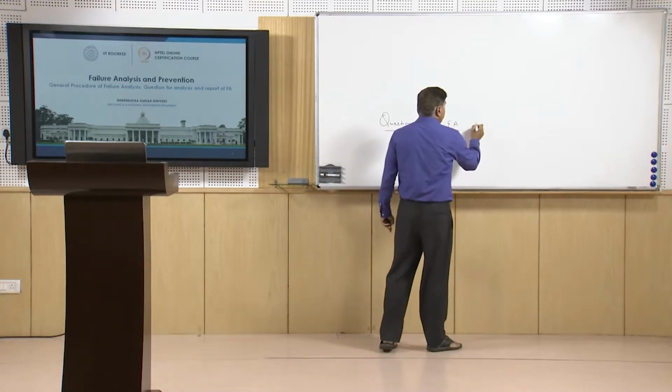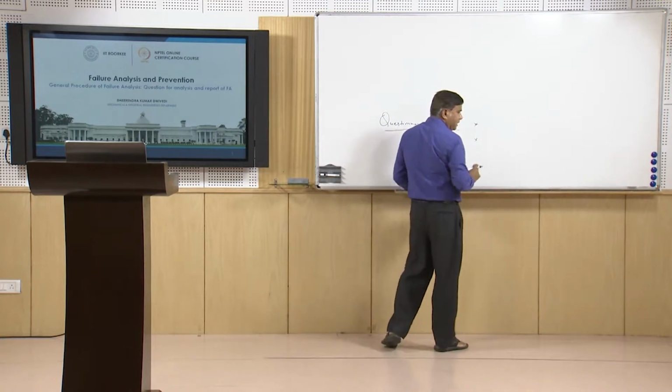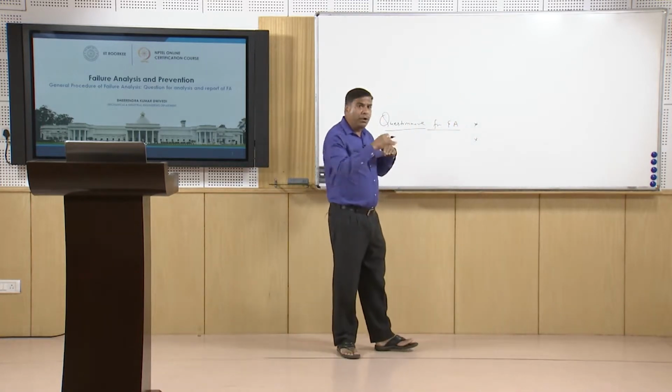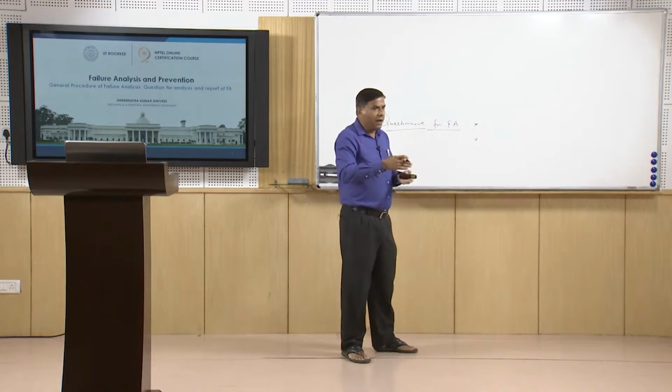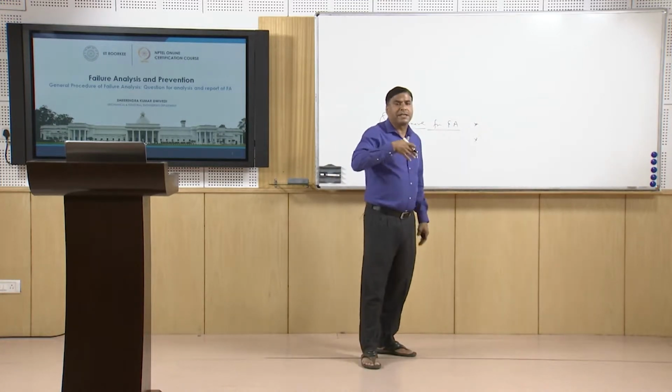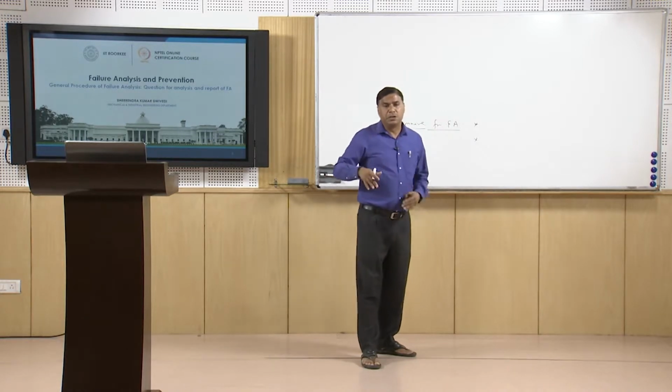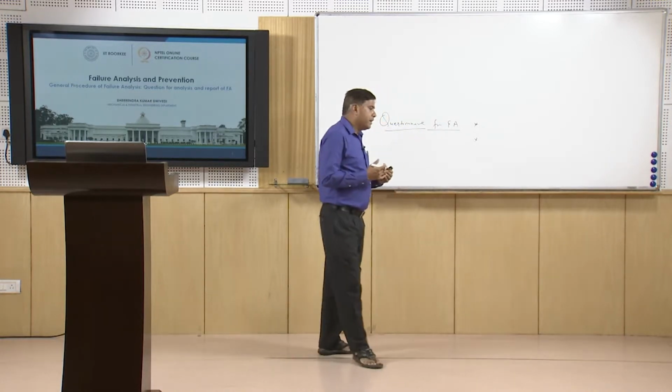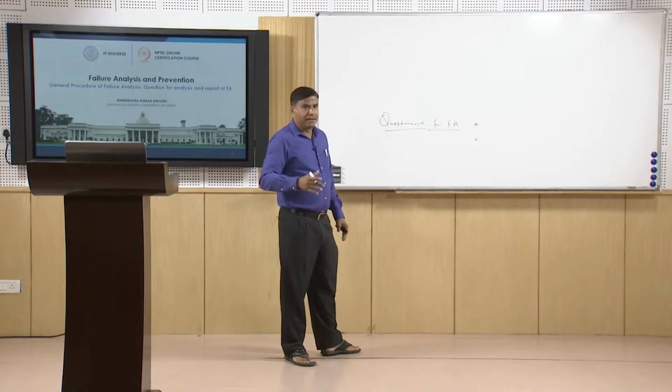This questionnaire helps in two ways. One is that it avoids the possibility of overlooking some of the aspects, and the second one is that it also gives the directions or the areas which need to be explored during the failure analysis.